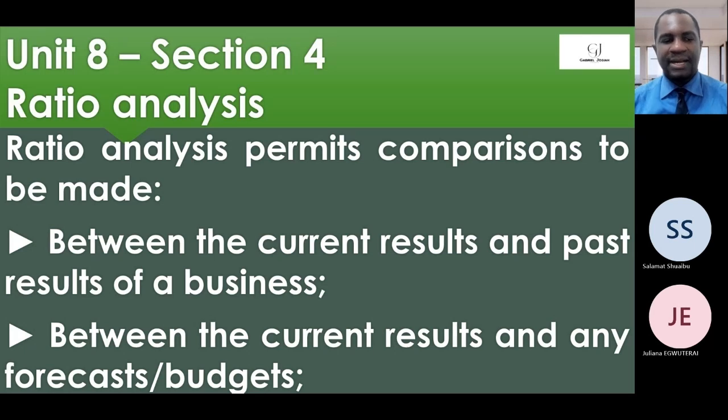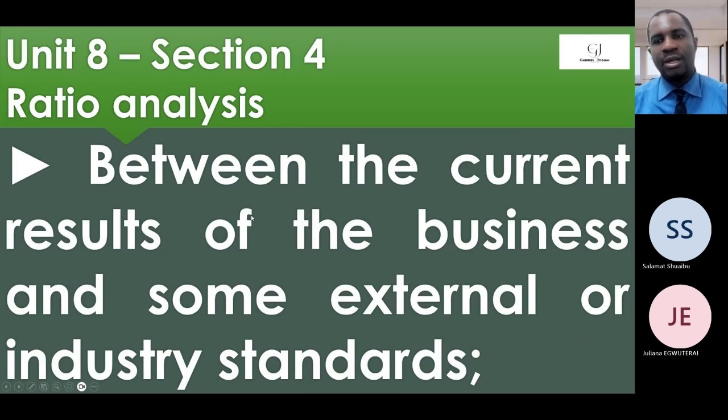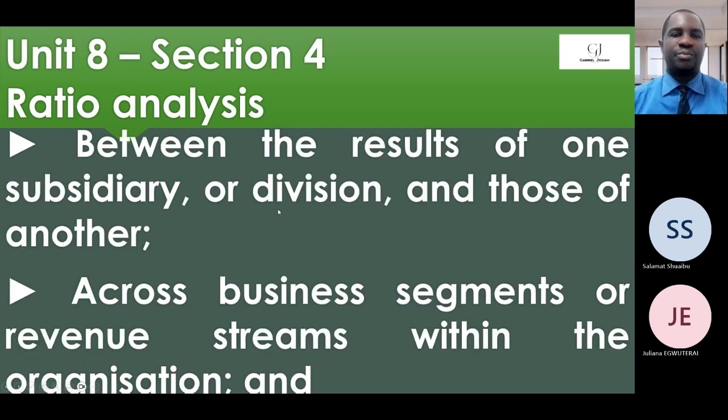So the current and the past, then also the current result and the forecasted results, ratio analysis could speak to them. So we also look at current results of the business and some external or industry benchmarks or standards or averages. So we're looking at our result, comparing it with other companies in the same industry, other companies in the same sector, and that's what ratios speak to.